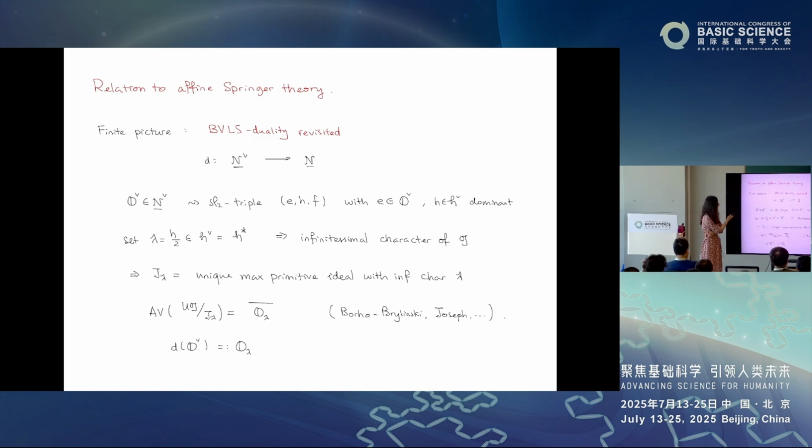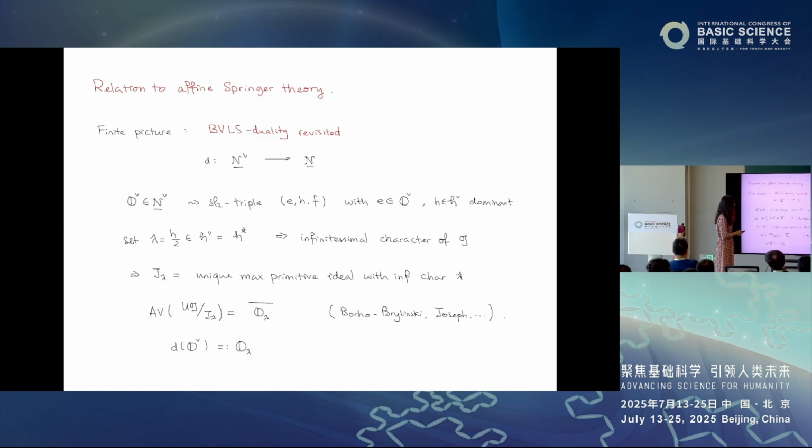You start with a nilpotent orbit in the Langlands dual Lie algebra, and then you pick an element in this orbit, and you have an SL2 triple E, H, and F. Then you can conjugate it such that this semisimple element is dominant, with the choice of dominant chamber given at the beginning.